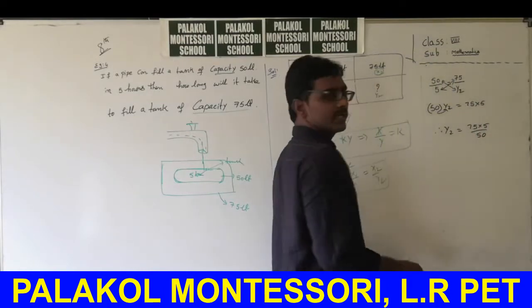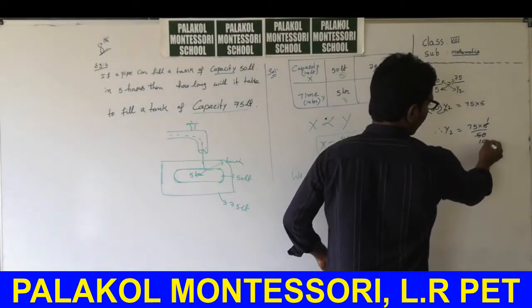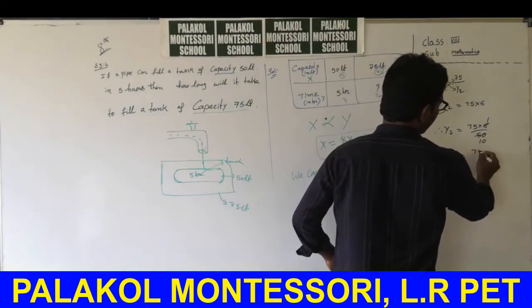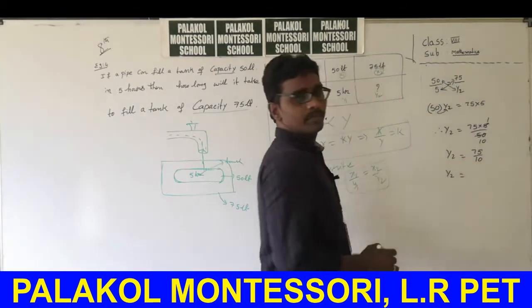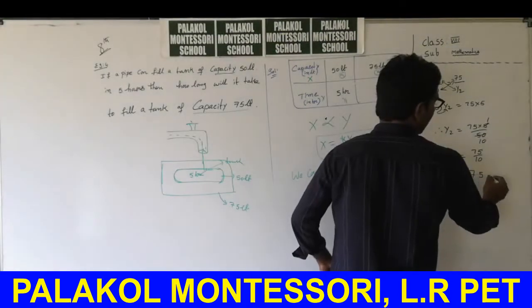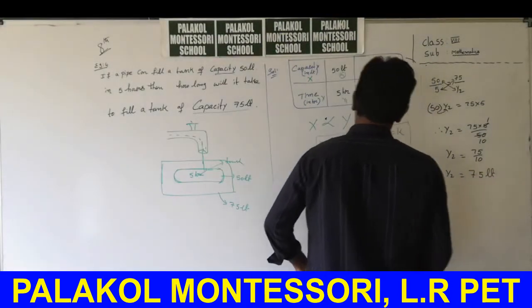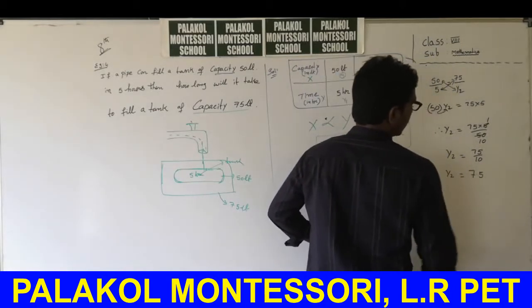Now simplification. You know the 5 table: this one is 5 times, this one is 10 times. So y2 is equal to 75 by 10. With 10 in the denominator, simply write 7.5. Sorry, that is time in hours, 7.5 hours.